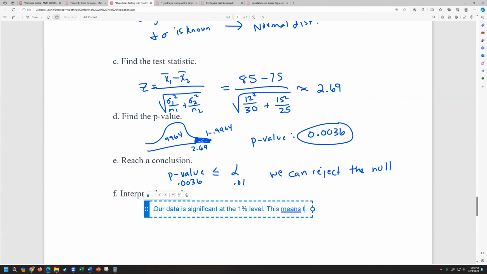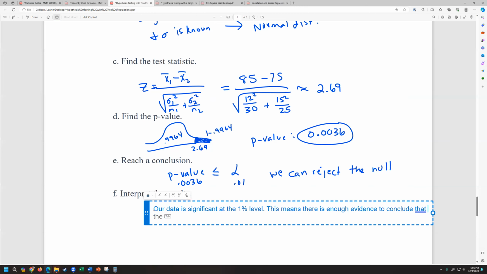This means there is enough evidence to conclude that the new training program, I'm re-looking at the problem, improved the performance of the employees. Okay, so we're saying kind of population mean 1 is greater than population mean 2, or the subtraction between those is positive.